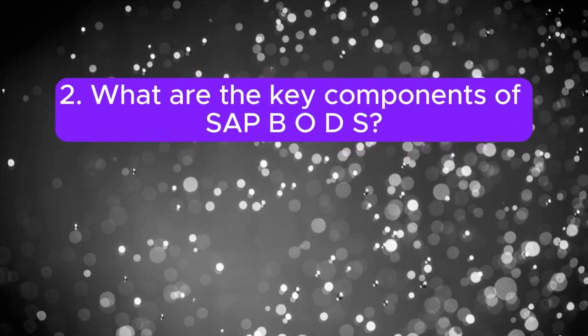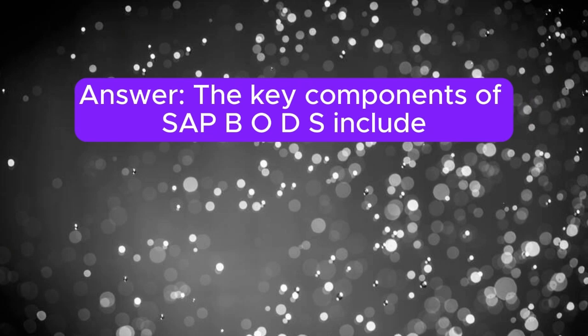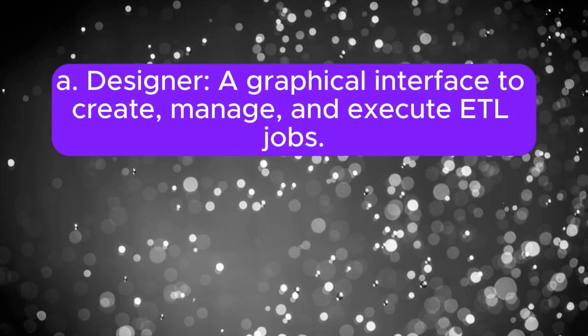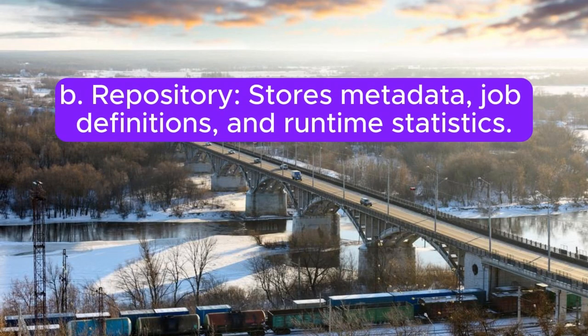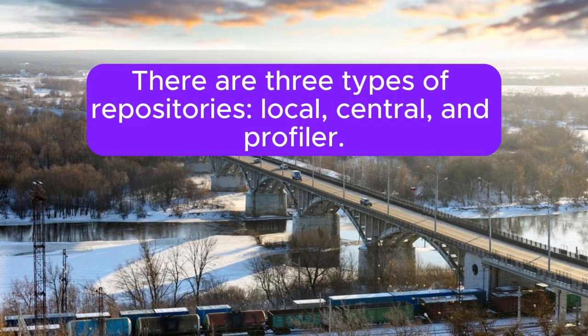2. What are the key components of SAP BODS? Answer. The key components of SAP BODS include: A. Designer, a graphical interface to create, manage, and execute ETL jobs. B. Repository, stores metadata, job definitions, and runtime statistics. There are 3 types of repositories: local, central, and profiler.